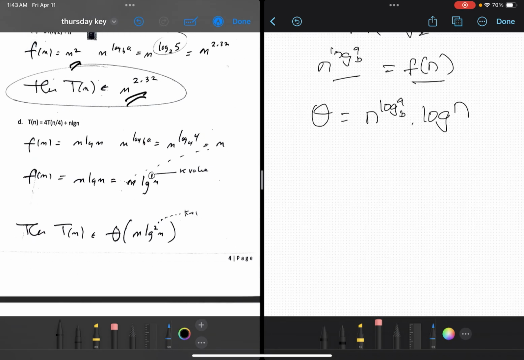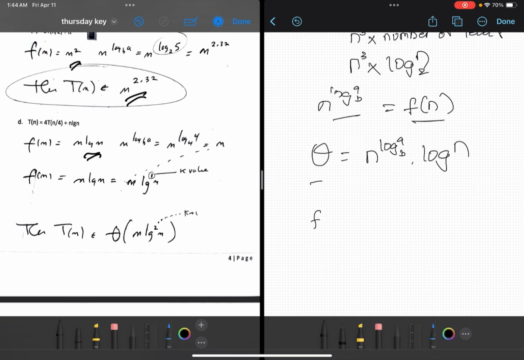And the next one is an interesting problem, because we are getting f of n, we have the value n log n, and we have n to the power log a to the base b is equal to n. So whenever we have an f of n value already equal to n log n, but we get n to the power log a to the base b is equal to n, we need to check for the value of n itself.